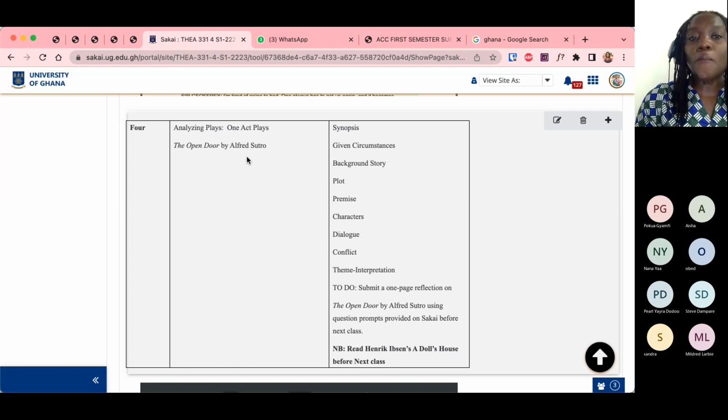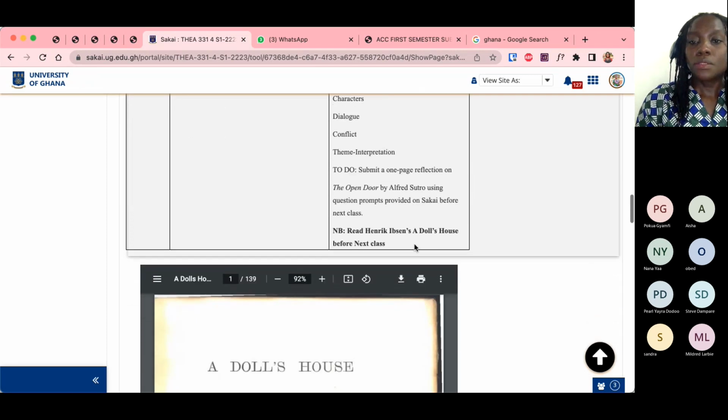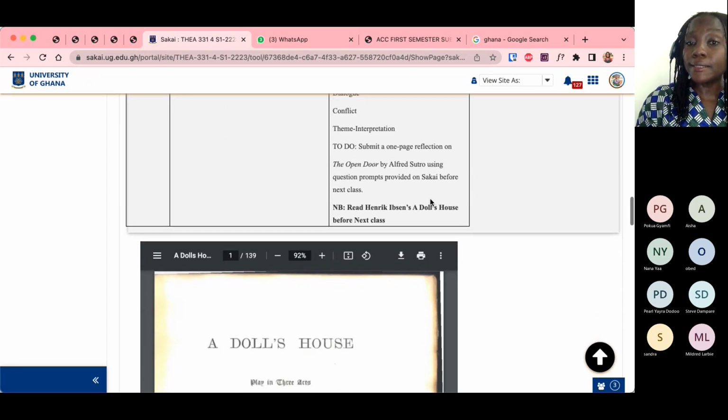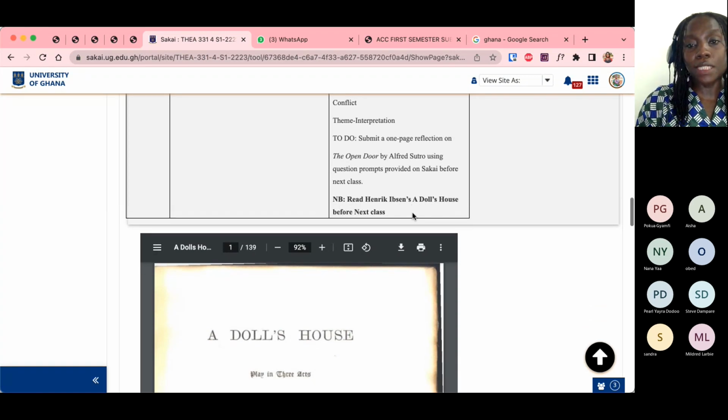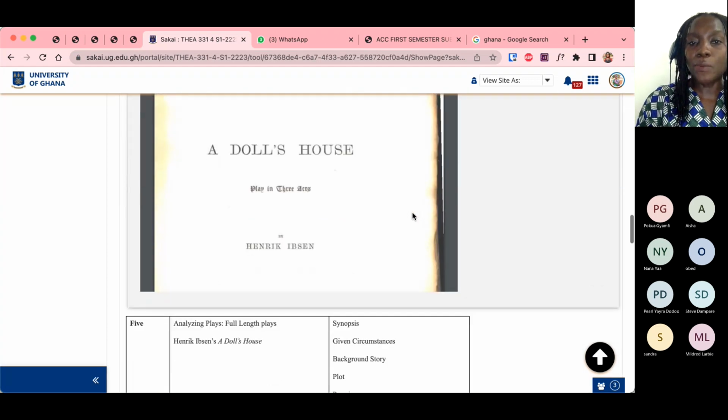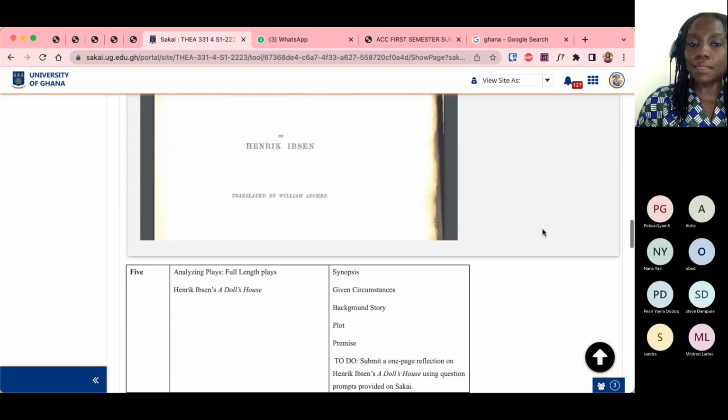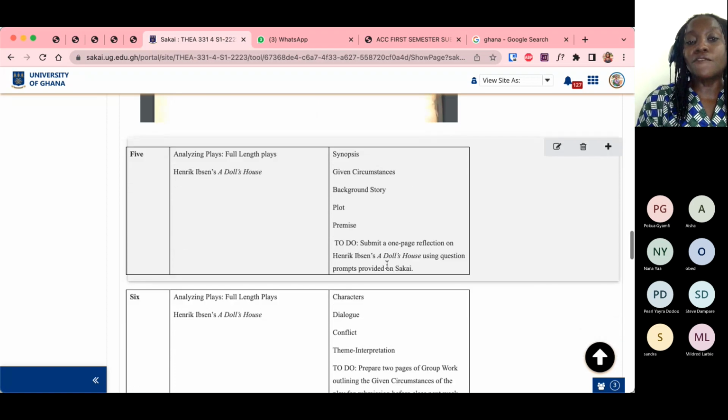And so week 4, we'll analyze The Open Door by Alfred Sutro by looking at these same elements as we did for The Genius. And then after this, you go and read Henrik Ibsen's A Doll's House and prepare before class. And so we'll start analyzing the full-length plays.